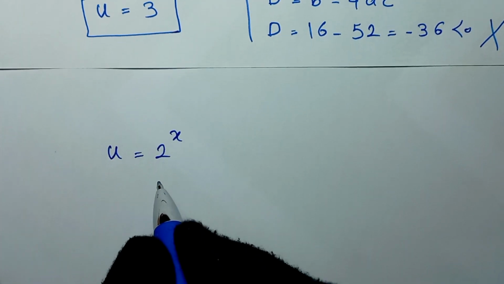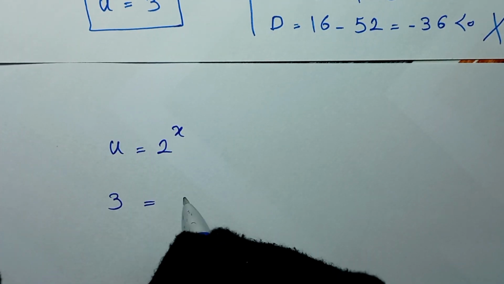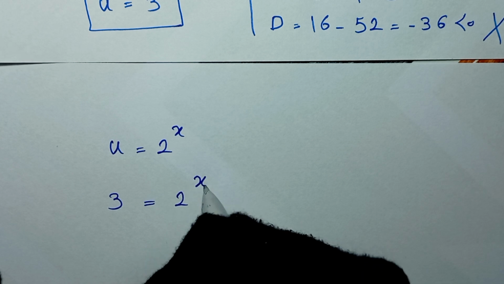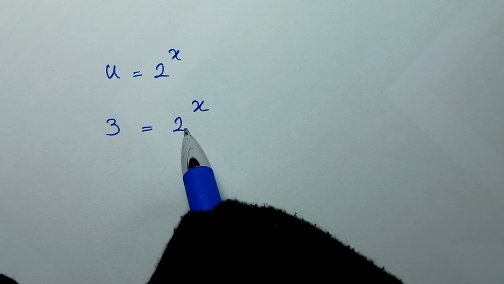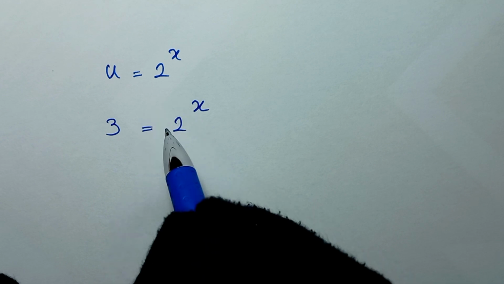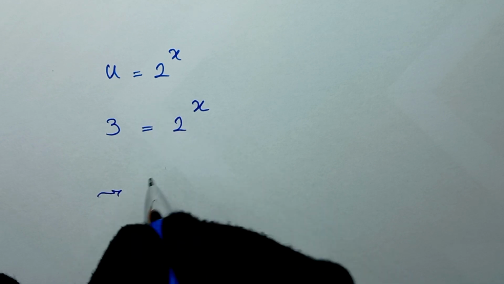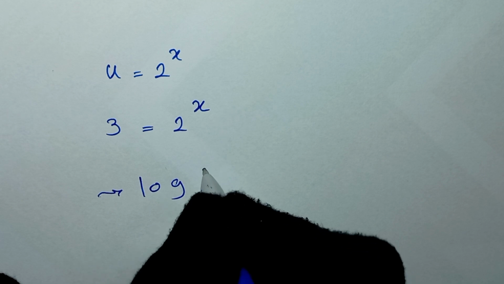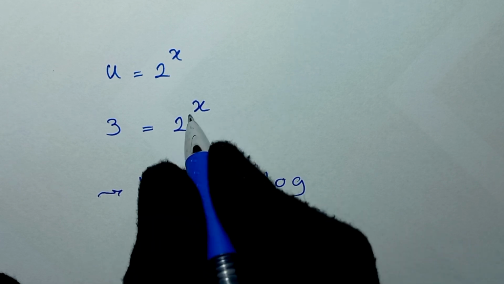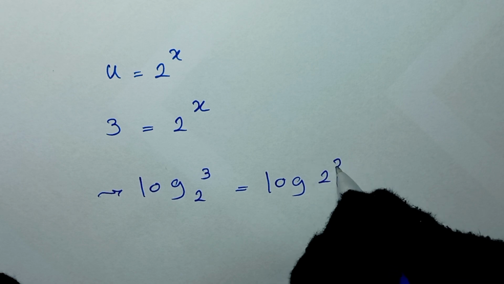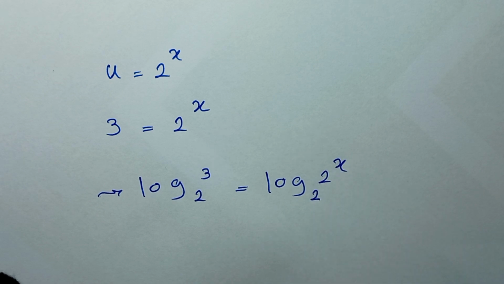So 3 is equal to 2 to the power of x. And next step, we apply log of base 2 to both sides of this equation. So it will be log of 3 to base 2 is equal to log of 2 to the power of x to base 2.